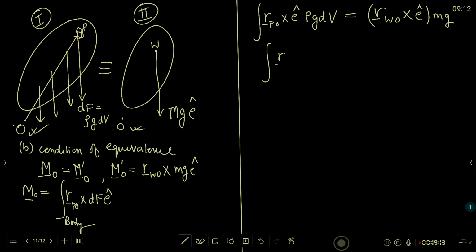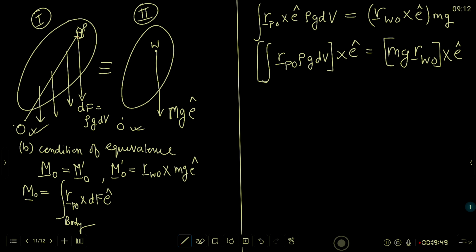I can express the left hand side as the integral of r_PO rho g dV crossed with E. After all, E is a constant as far as this integration over the body is concerned.